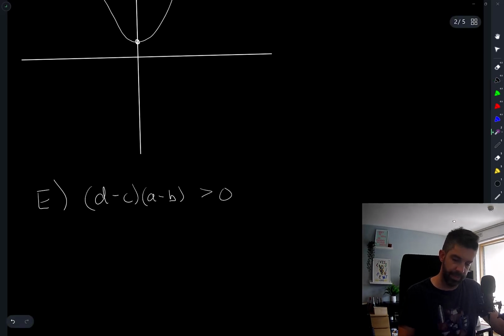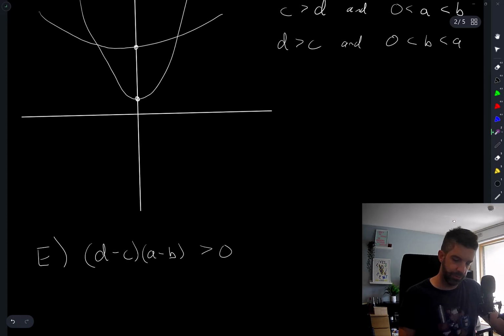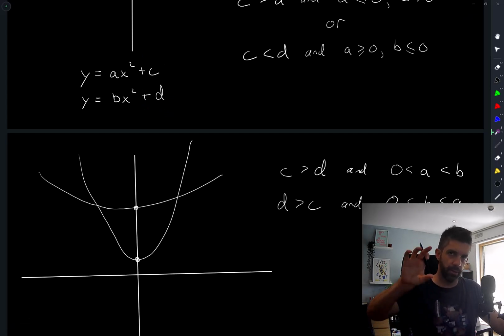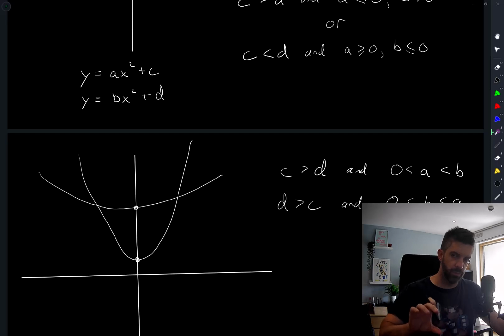Okay, so again, the reason I'm saying this is because the values of c and d just work as a vertical shift for everything in the geometry. And so without loss of generality, we can just shift everything so that one of these parabolas always passes through the origin. That might happen when c is equal to 0. So if I just set c equal to 0, then I need the relations between a, b, and d.